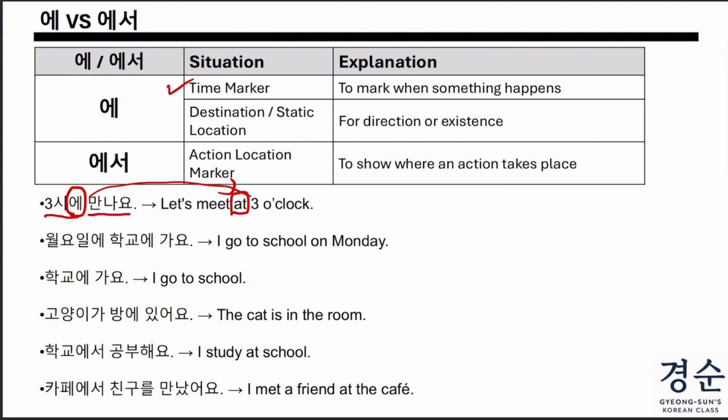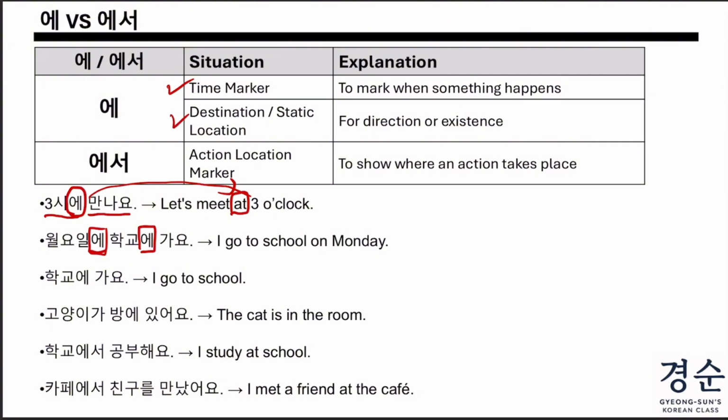Okay? And next we have 월요일에 학교에 가요. So I go to school on Monday. So 월요일에, you can see here, 에 학교에 가요. We have two 에 here, and each of these is referring to a different situation.